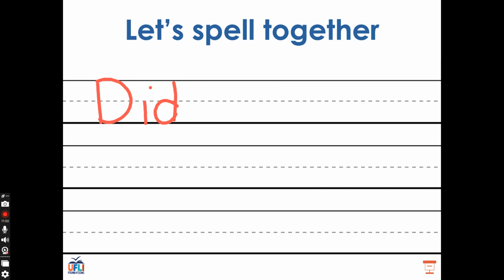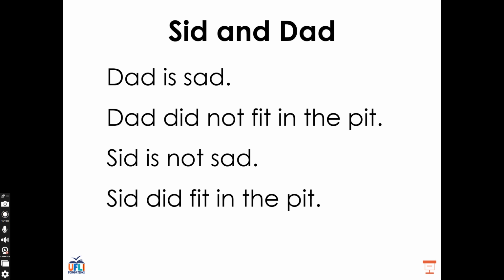Dad, let's stretch Dad, d. So now I'll write it. Did Dad sit? Let's stretch the word sit. Sit. Did Dad sit? I'm asking a question, so I'm going to use a question mark. And now my sentence is finished.